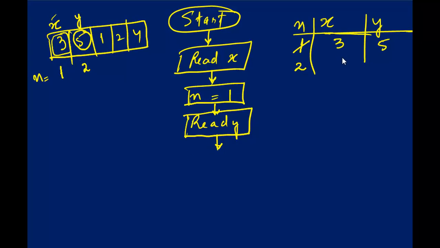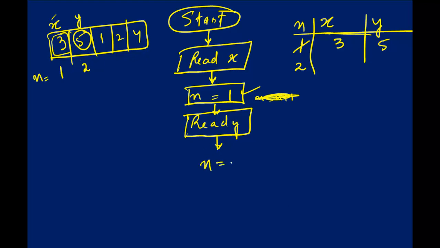Now the question is how this n will become 2. The previous value of n is 1 and I have to increment it by 1. I have to write n is equal to n plus 1, after reading y.